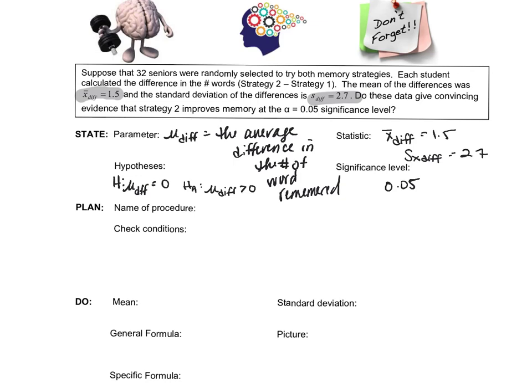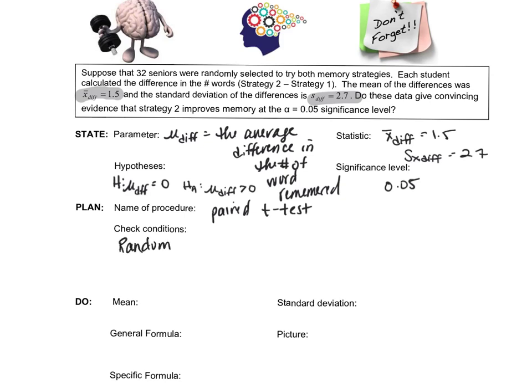We're going to name the procedure, and as I mentioned before, even though it's two samples, it's one set of data that was found by doing the same person in two different ways, and so we call it a paired t-test. Okay, and so then the next question is what are our conditions? Have they changed? Well, let's talk about this.